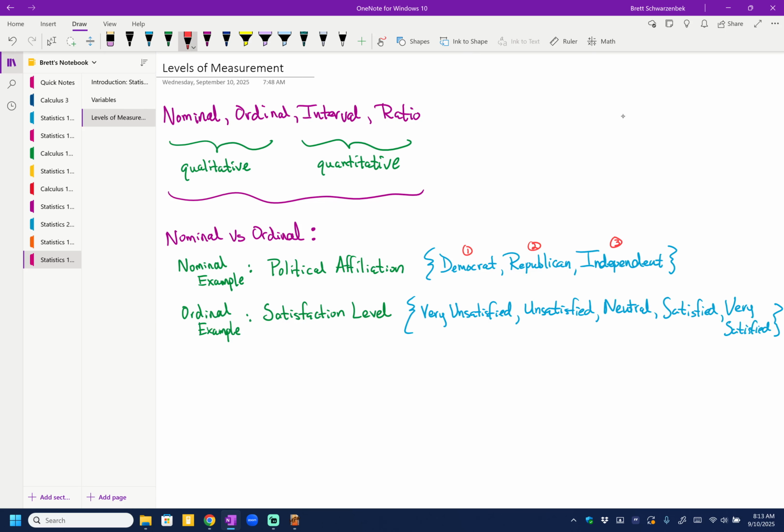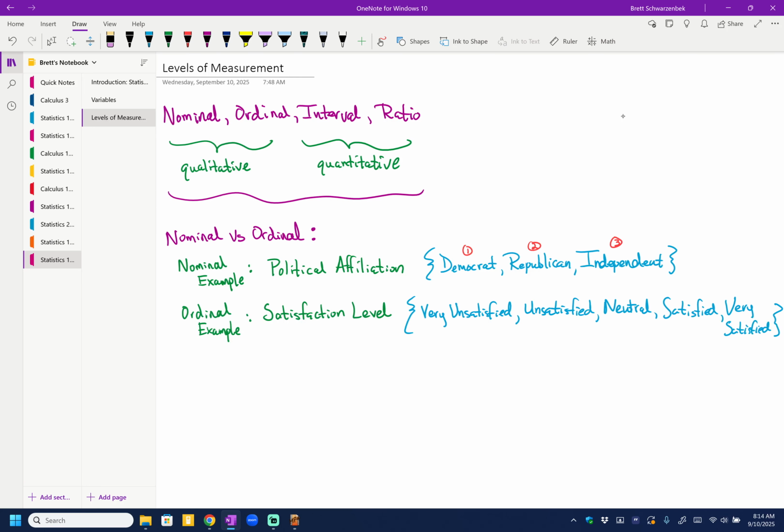One example of that would be satisfaction level. A lot of times if you go to the doctor, among many other things, you often get surveys sent to you about your satisfaction level with the service. So let's talk about a very simple scale here of 5 different categories of satisfaction level. We have very unsatisfied, unsatisfied, neutral, satisfied, very satisfied.